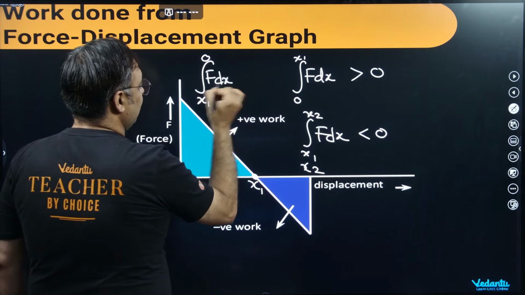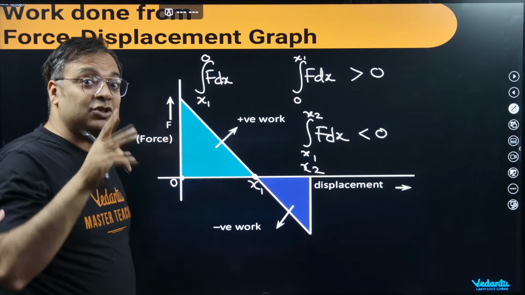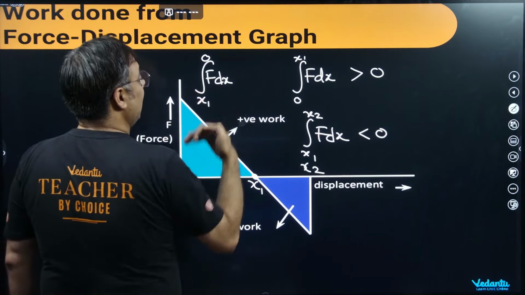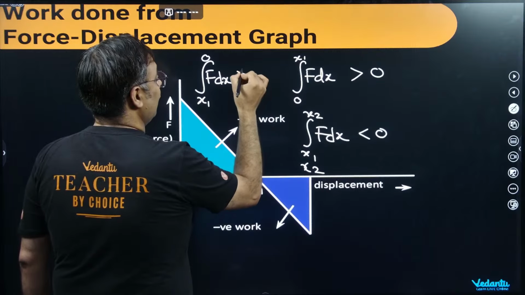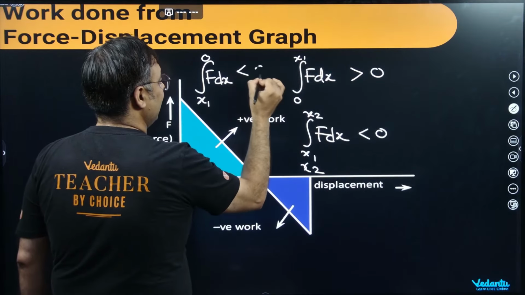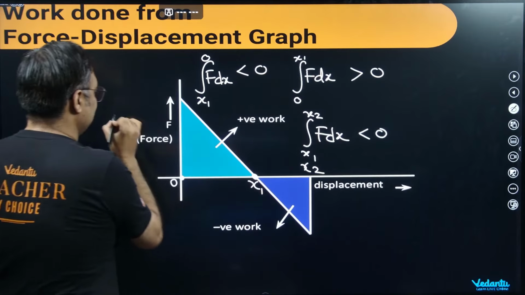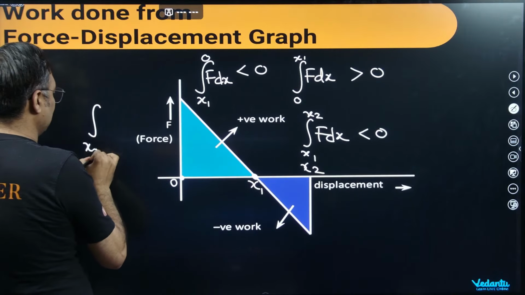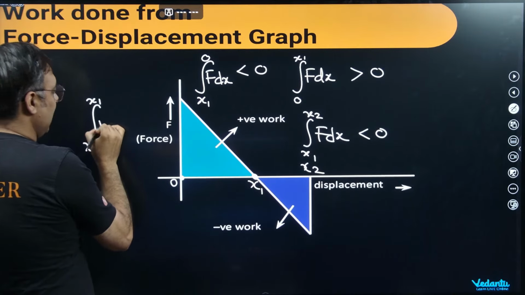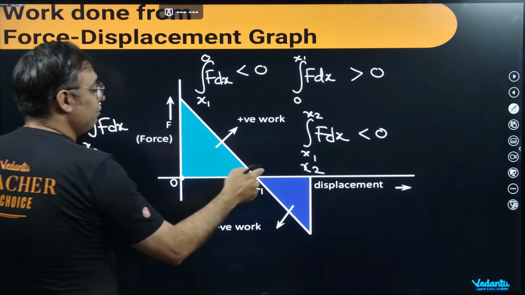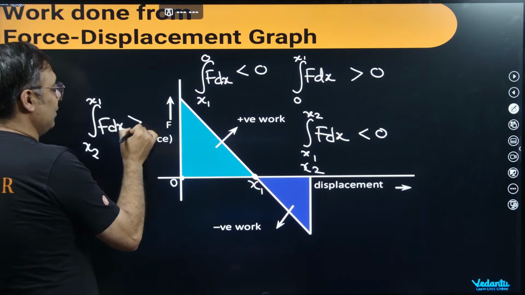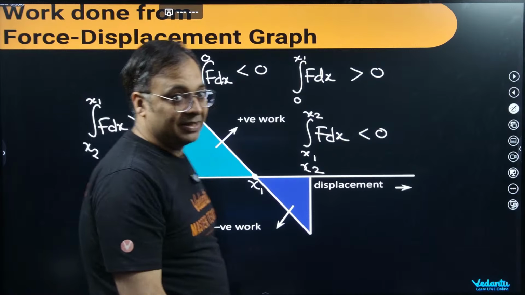Please remember, in that scenario things have changed. The area above the x-axis, instead of being positive, will be negative. And similarly, if it is from x2 to x1 F dx, the area below the x-axis will be positive instead of negative.